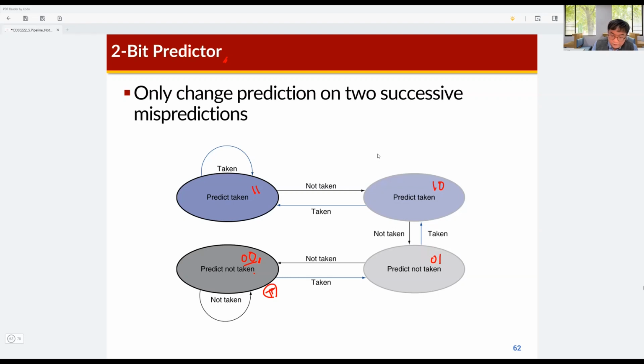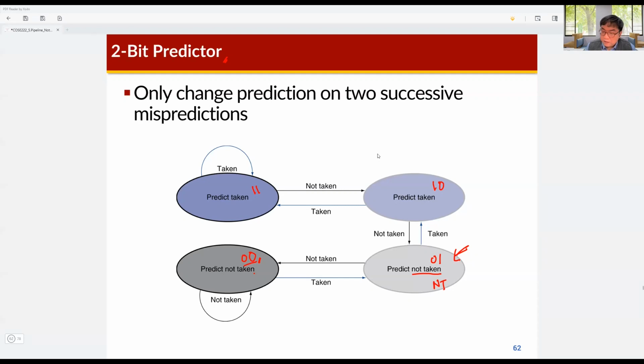So the branch is taken, so the state is changed, but for this state, the branch is predicted as not taken. So what is different? With the 1-bit predictor, the result of the branch is predicted to be identical to the previous result of the branch instruction. But with the 2-bit predictor, the prediction is based on the state of this branch predictor.